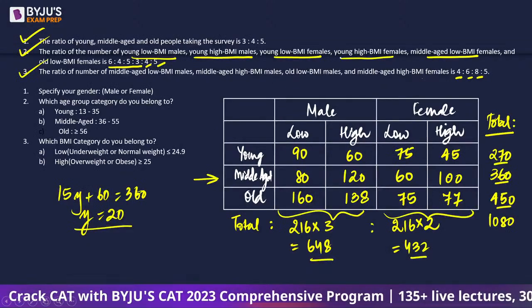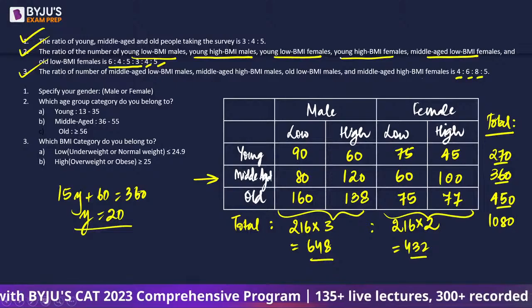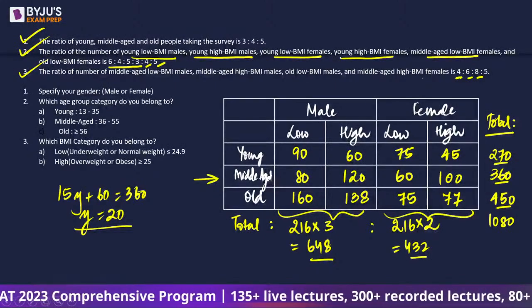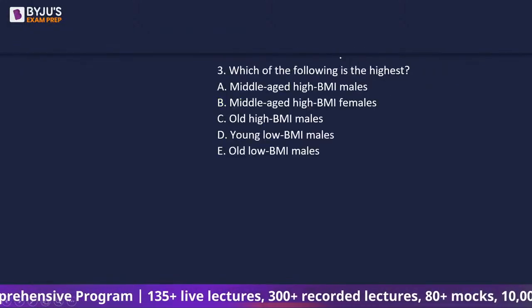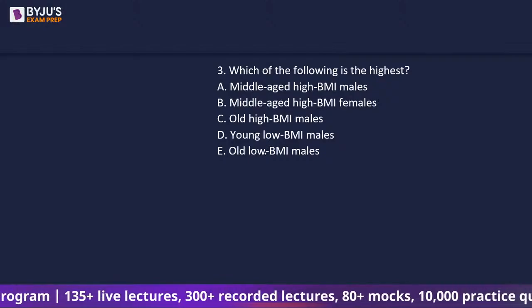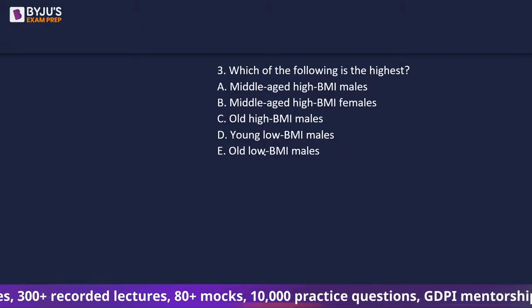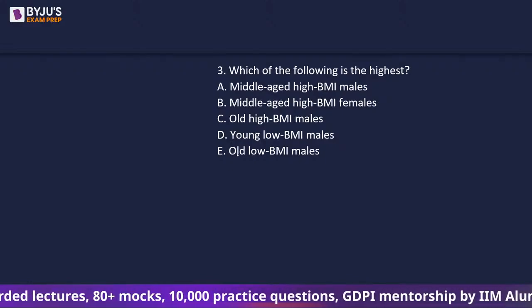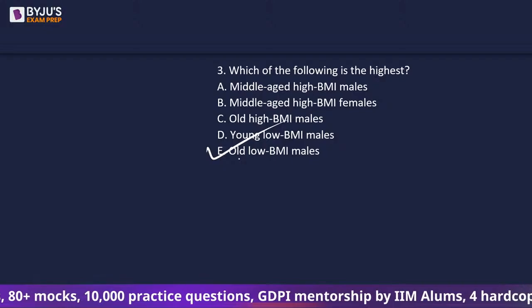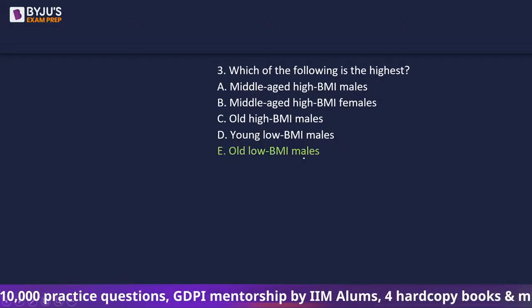The highest is low old male, that is 160. So low old male, old low males.